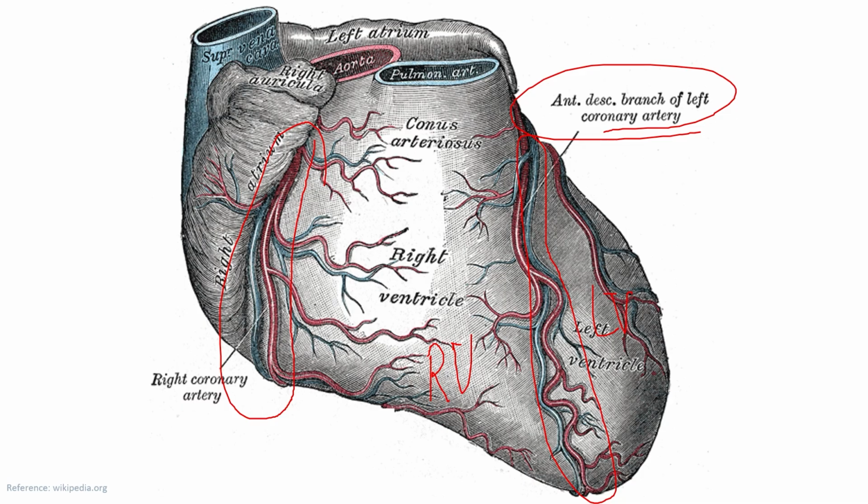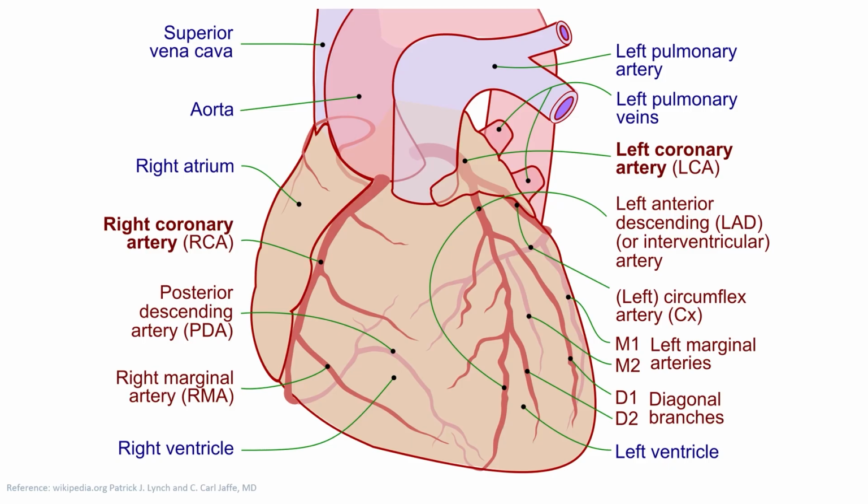If the heart is viewed from the front, the LAD descending vertically toward the apex is the most visually prominent vessel. The LAD supplies a large portion of the anterior wall and much of the interventricular septum. Because of this broad territory, obstruction of the LAD produces extensive myocardial injury.